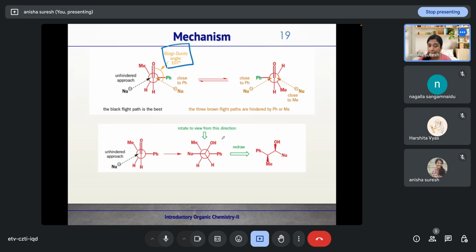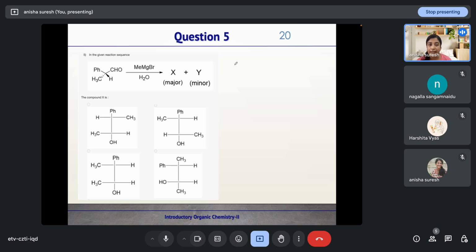Okay. So this if we redraw to dash and wedge formula, we will be getting this compound. In our case, we are having double bond O, H, hydrogen, CH3 and pH.